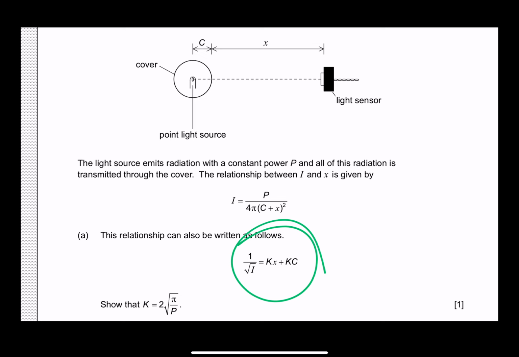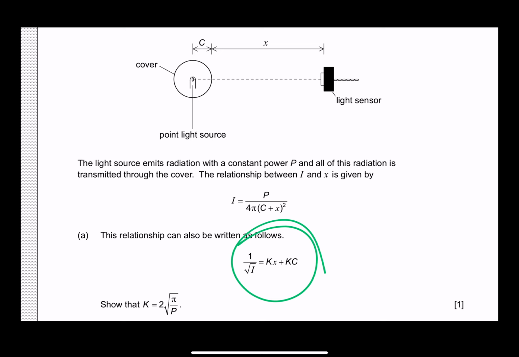And if you actually were a student experimenter, you would have a cover over your filament or LED or whatever, and so you would need to account for the size of that cover. And so the radius of the cover is given by C. I think that's fully appropriate. And this is not just me hemming and hawing. This is something that paper 3 part A is all about, experimental design and processing, so that's something you definitely need to consider.